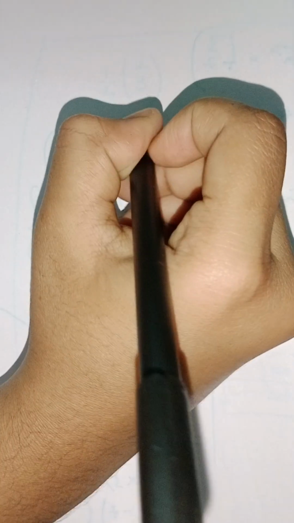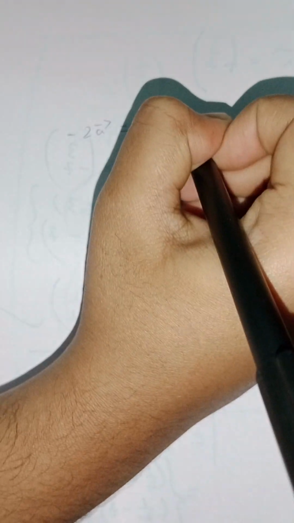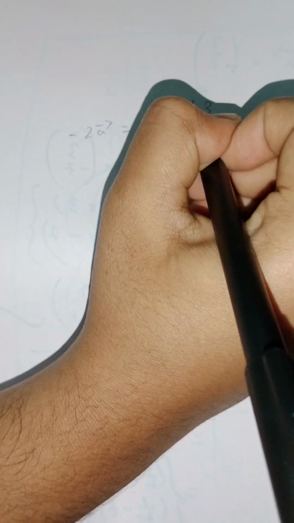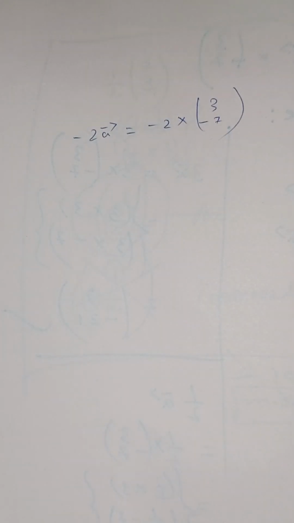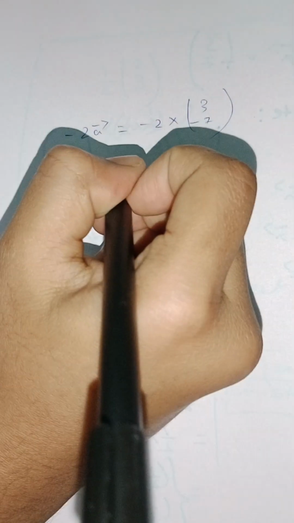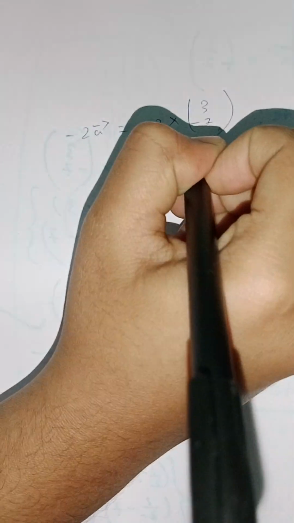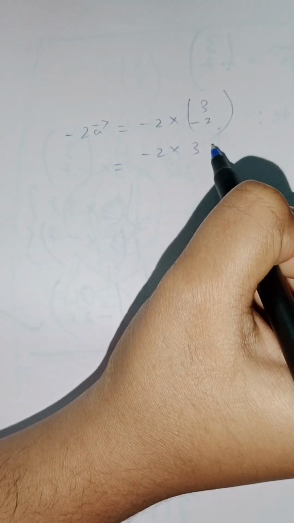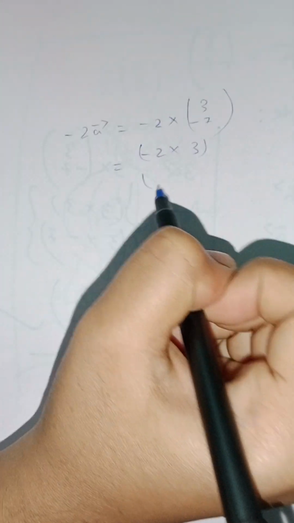Now, the next sum is minus 2 vector A. Now, minus 2 vector A means it's minus 2 times 3 minus 7, which means again individually multiply it.